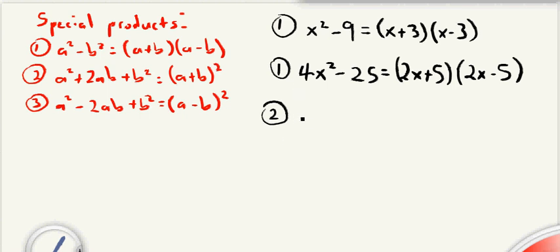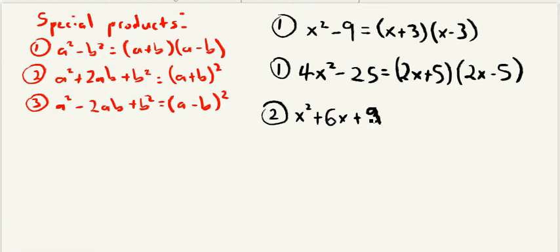Let's say that we have x squared plus 6x plus 9. Apologize, make that a 9. So you have x squared plus 6x plus 9.